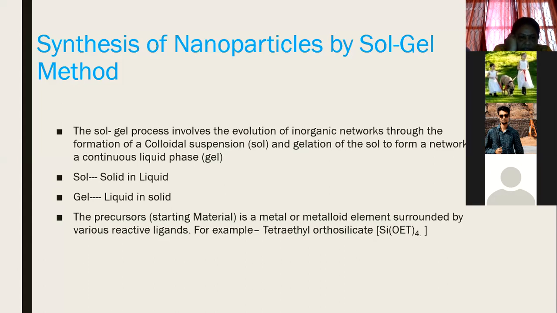So here the transformation of sol into gel occurs. For this method, the precursor or starting material is either a metal or metalloid element surrounded by various ligands. For example, the most widely used precursor is tetraethyl orthosilicate.